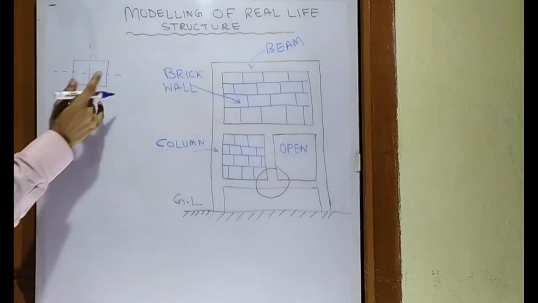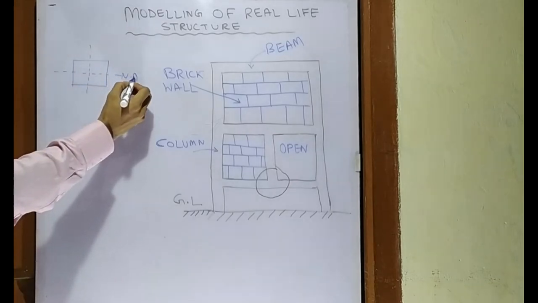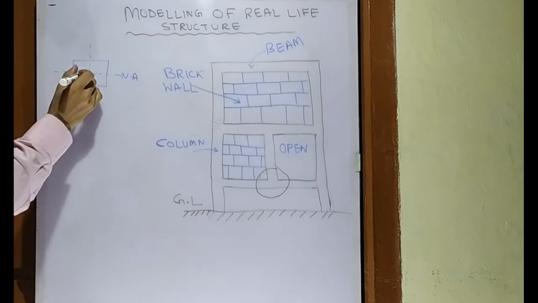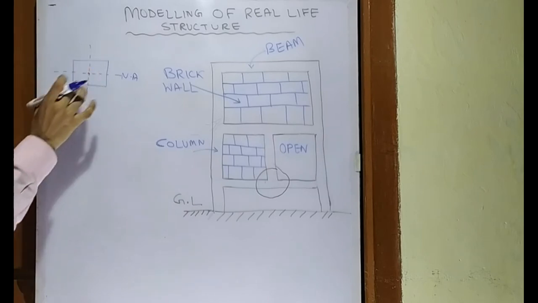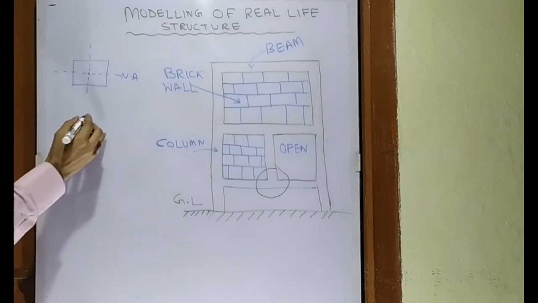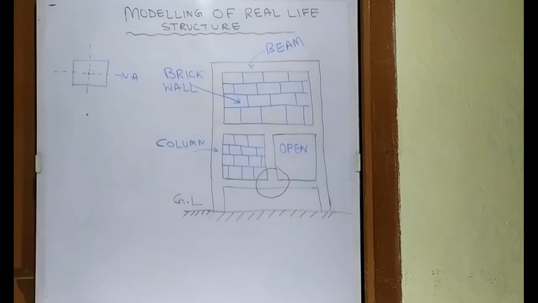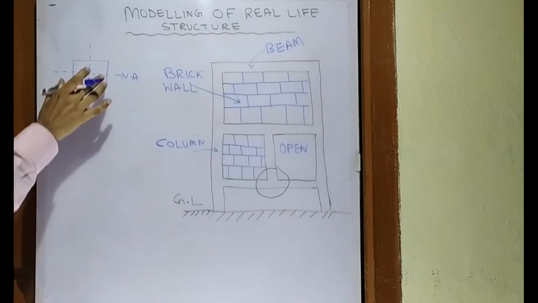So the load will pass through this point, and we can model this column as a line element like this. It will look like this in the plan.